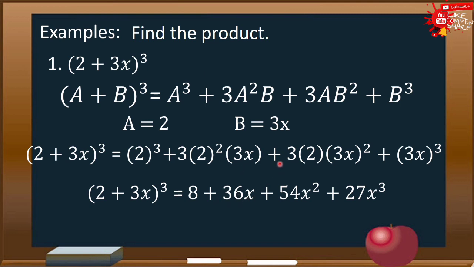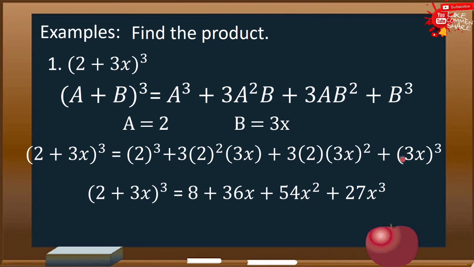Then we have here positive 3 times 2, so we have 6. But before we multiply it, let us get first the square of 3x. And the square of 3x is 9x squared. So 3x times 3x is 9x squared. And we have here 3 times 2, which is 6. Then 6 times 9x squared, so we have positive 54x squared.